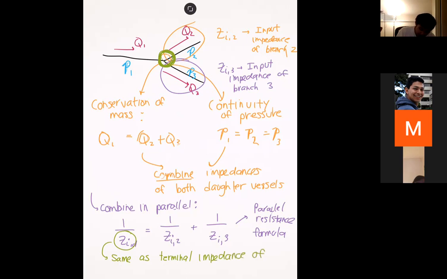And so now that we have an expression for the terminal impedance of the parent vessel, then we can just plug in the formulas to solve for the input impedance of the parent vessel, right?